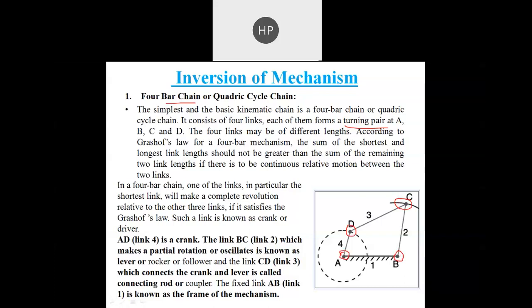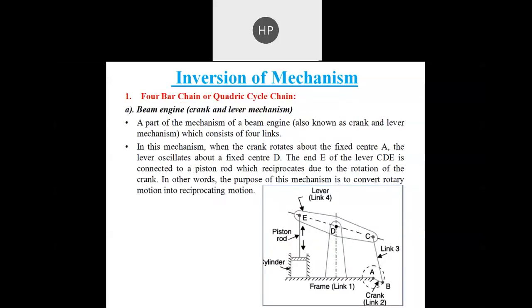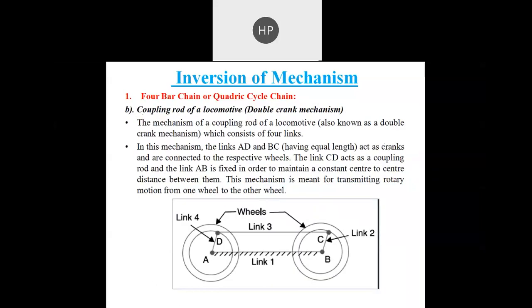Based on that we have certain inversions. The first inversion that we can see is the beam engine. We have already discussed how the beam engine will reciprocate because of the rotation of link 2. Then we talked about the coupling rod of a locomotive. Again we have 4 links, and all have turning pairs.